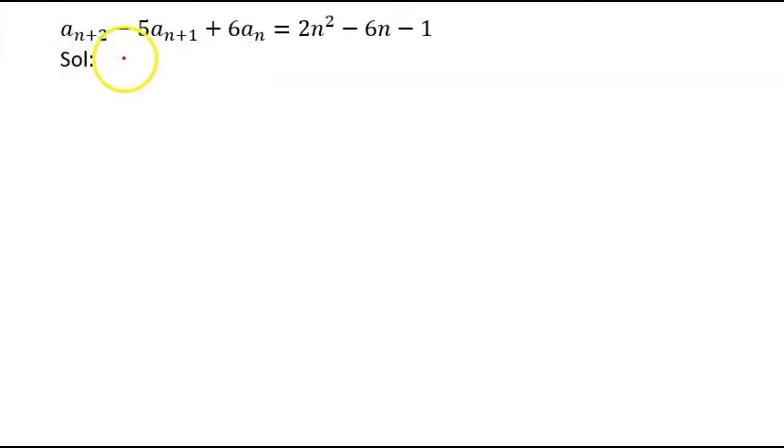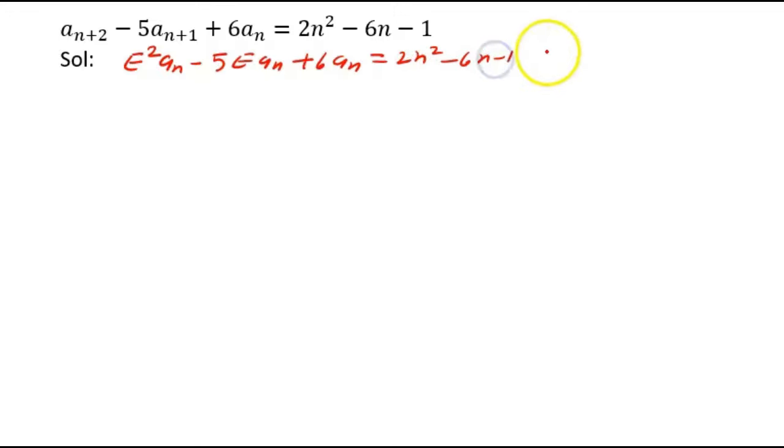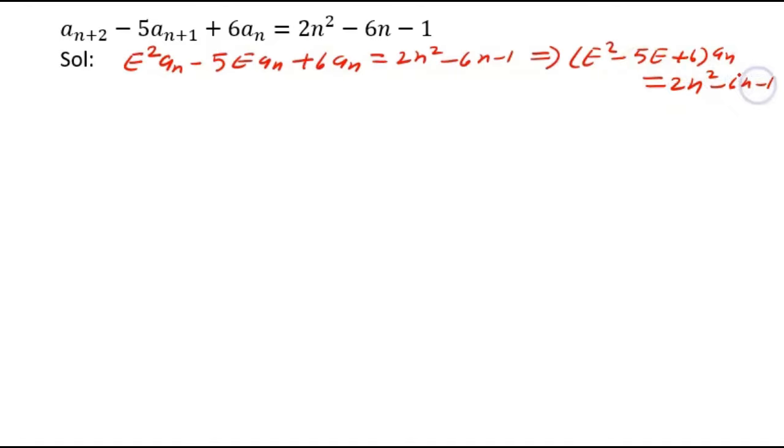So what I am saying is that this equation looks like E square an minus 5E an plus 6an is equal to 2n square minus 6n minus 1, which can be written as E square minus 5E plus 6 an is equal to 2n square minus 6n minus 1.